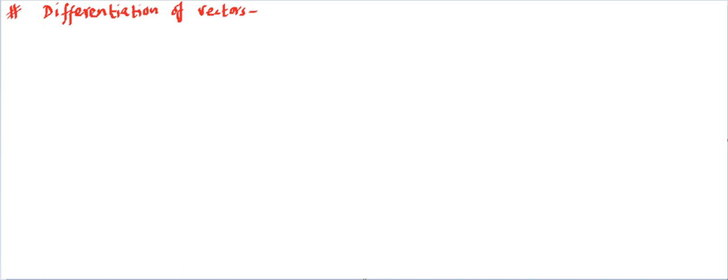Next point is differentiation of vectors. So we know, if let's say a vector is given to us, this vector can be like ax, the component of x, in some direction. So it can be ax in the i cap direction plus ay in the j cap direction. And if somebody says find the differentiation of this, what we do is go for dA vector upon dt, let's say with respect to t.